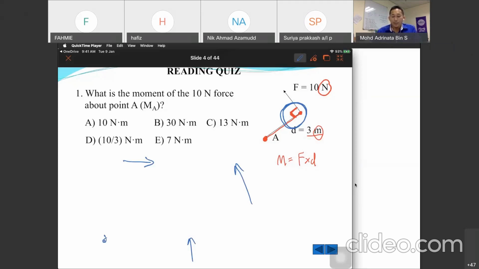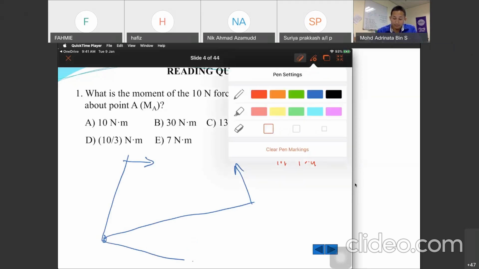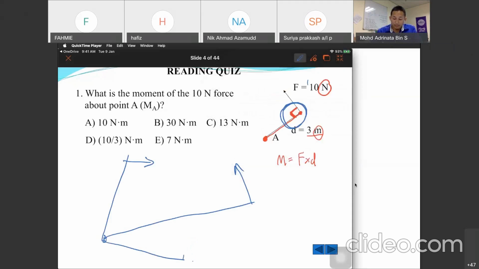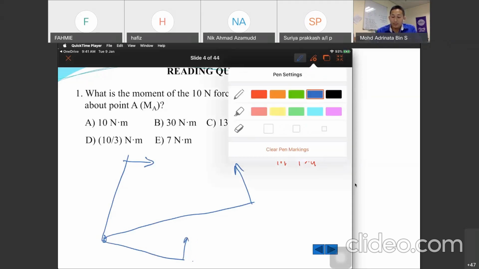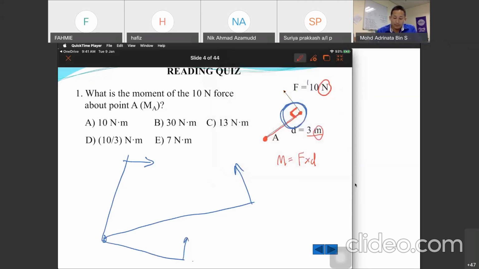So you need to make sure that all the forces that act, this is not 90 degrees. So you need to make sure it is 90 degrees perpendicular. And then you can get the moment. Okay?